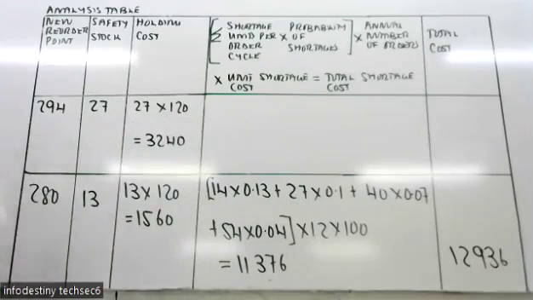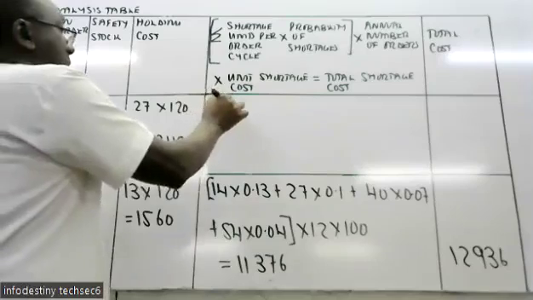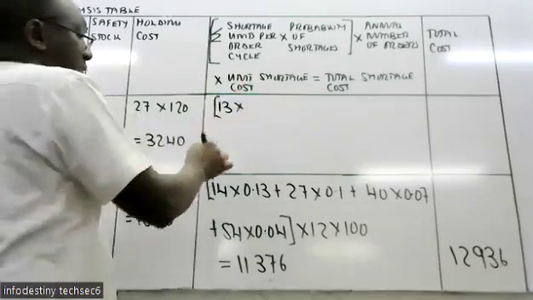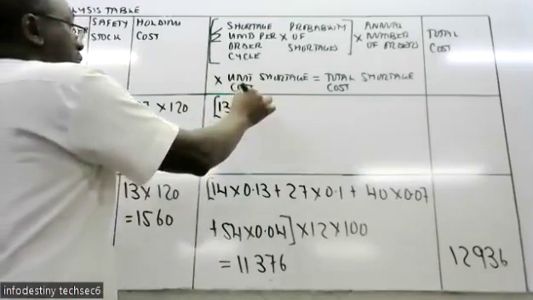You can only be out of stock now if you go beyond 294. So ya kwanza yenye imepita hapo, it will create a shortage of what? 13. Na iko na probability ya 0.1.